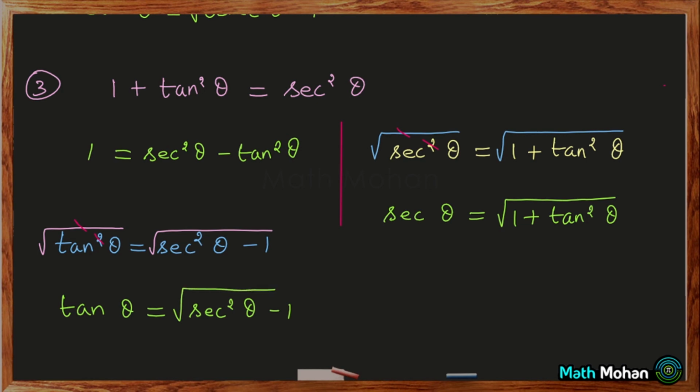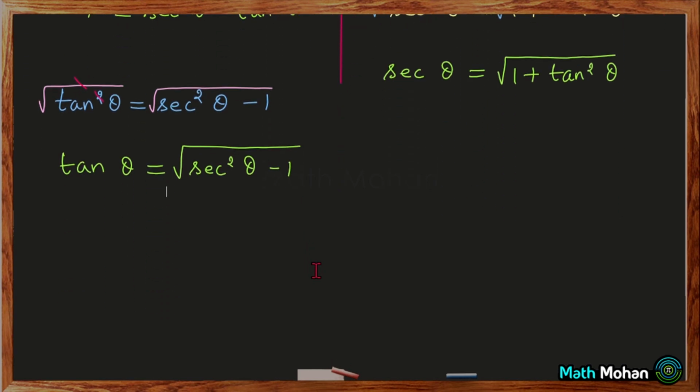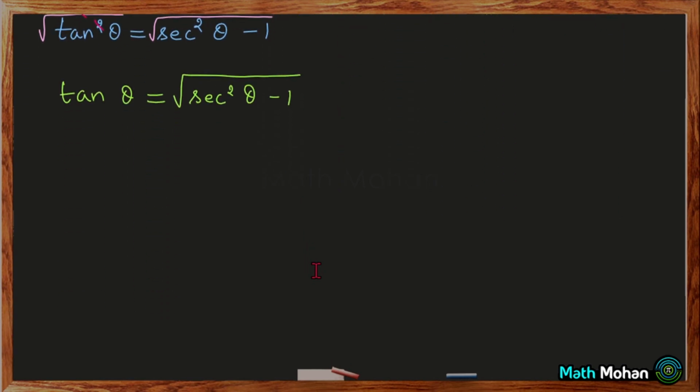Okay, so these are the different ways that we can transpose and write the third identity. This transposing you need to know, so that it will help you in proving those kinds of sums.